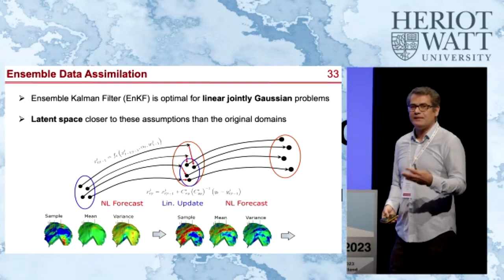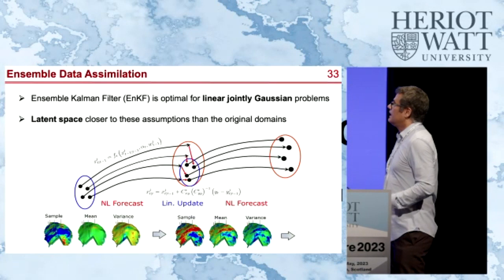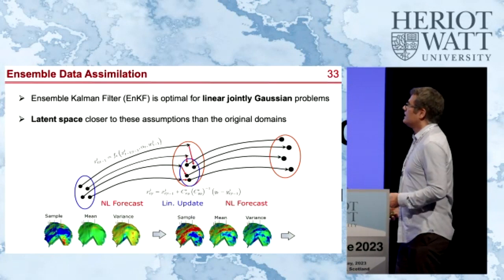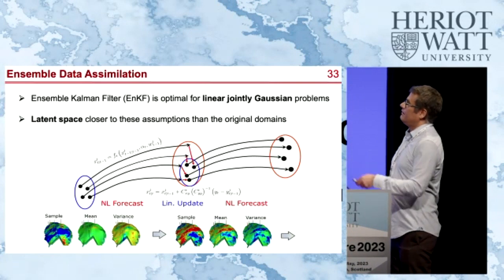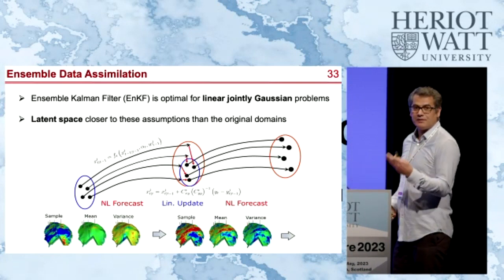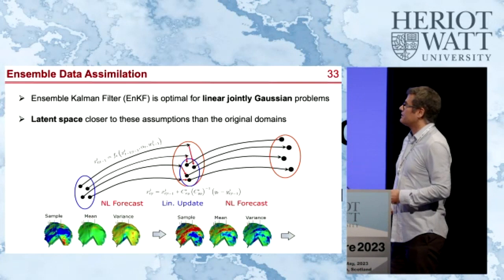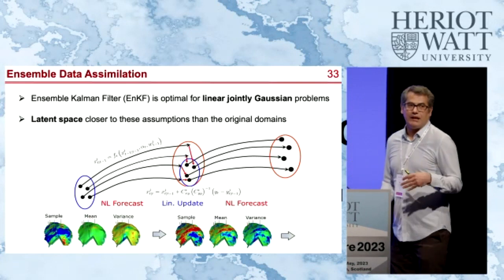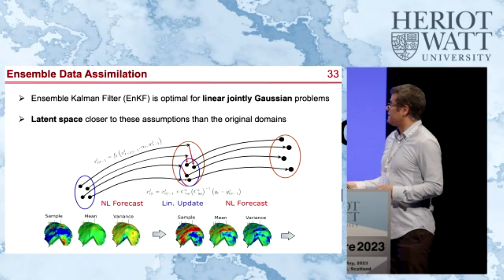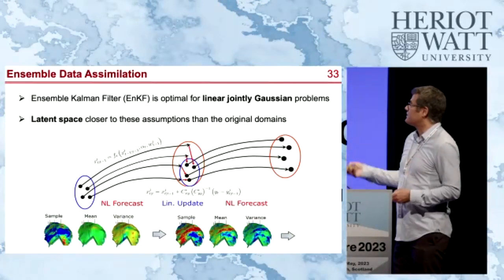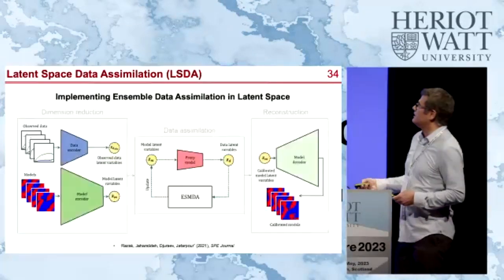So in the latent space, the nonlinearity is expected to decrease significantly. So these update schemes, let's say EnKF, that rely on assumptions of linearity and Gaussianity could lend themselves to this kind of latent space representation. That's what we are trying to take advantage of, implementing these schemes in the latent domain.